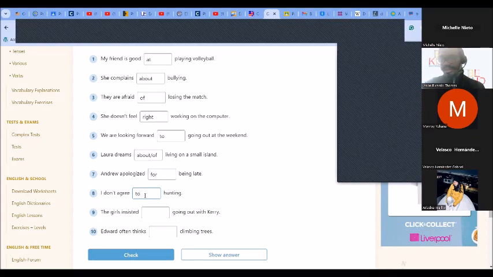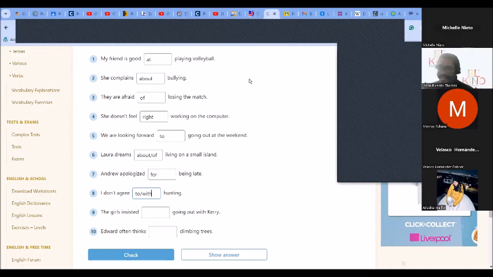To is usually followed by some sort of infinitive. And we looked at agree. When do we use agree? We use agree with gerunds. Maybe with. Okay. I don't agree with hunting. Right? It's not completely grammatically wrong to agree to things, so the gerund phrasing is good. To hunting, I think it's kind of missing something though.